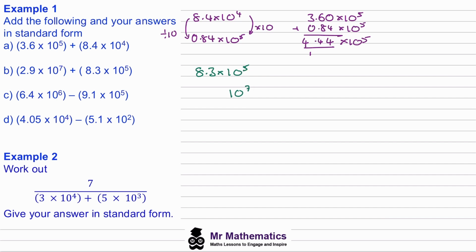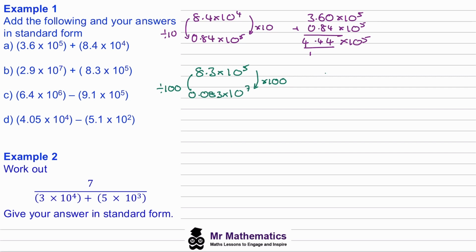And what effect does this have on the 8.3? So we need to multiply this by 100. When you add two more zeros to this, we get 10 to the 7. So this means we need to divide the 8.3 by 100. And this will give us 0.083.